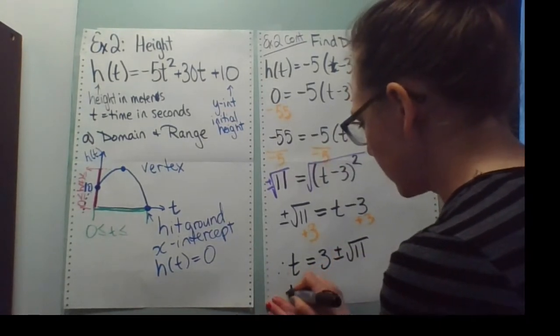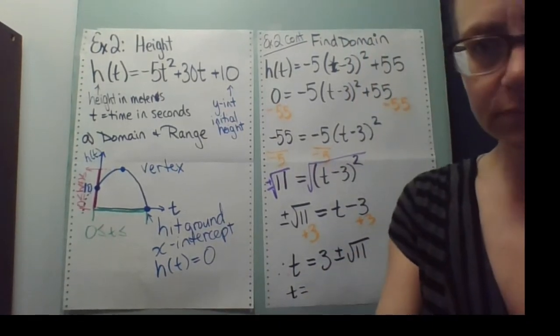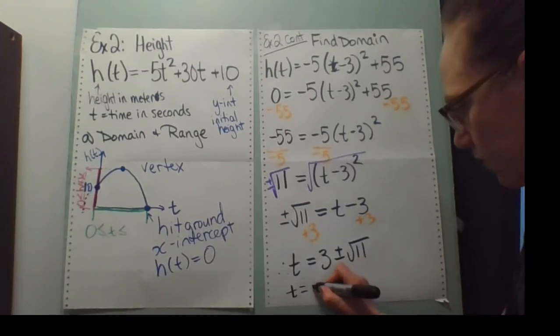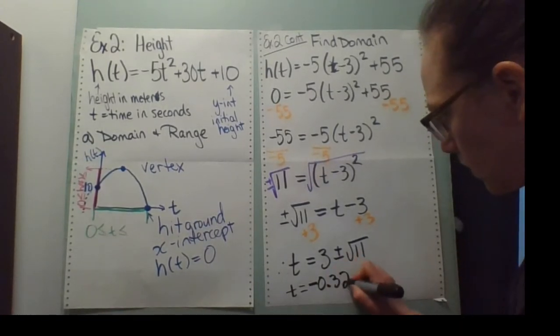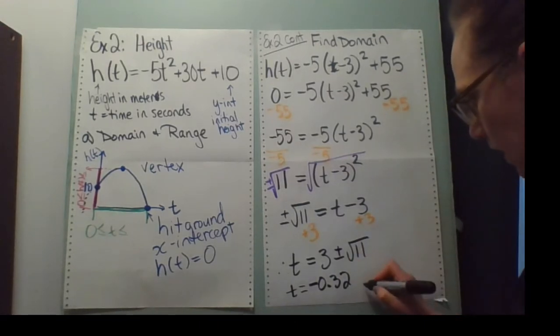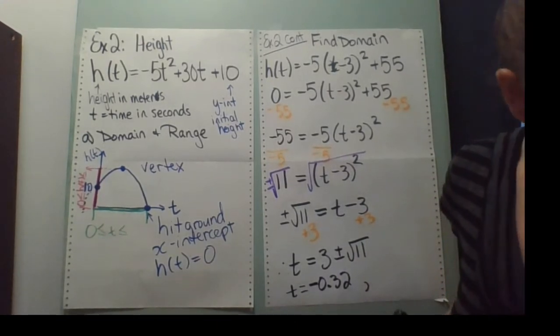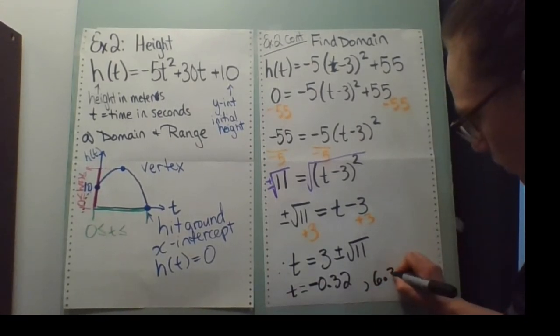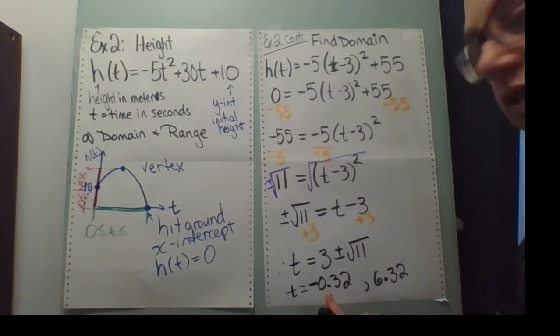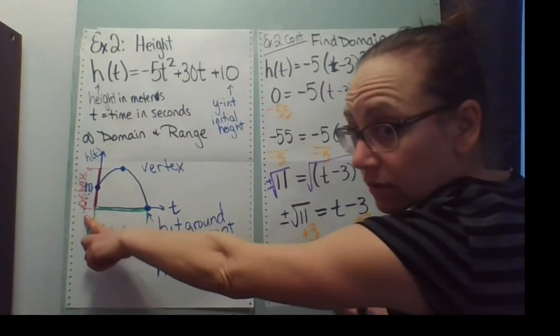So we've got a time equals negative 0.32 if I minus my root. And my other answer would give me 6.32. Don't want the negative because that's back here.